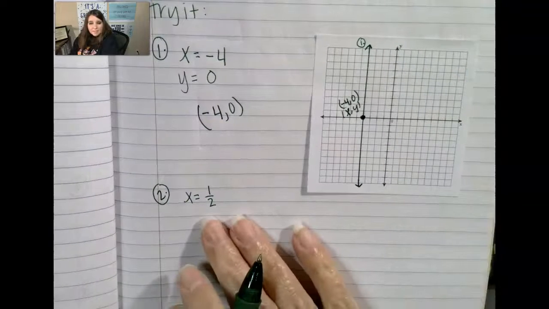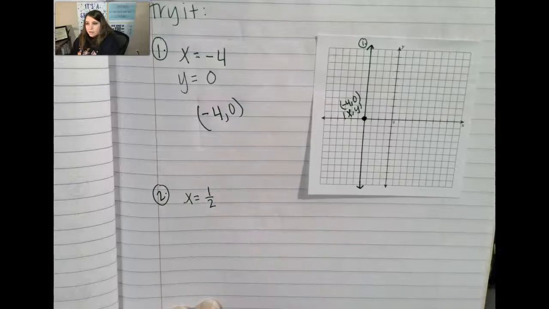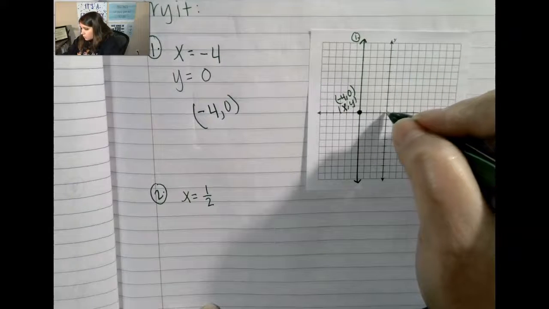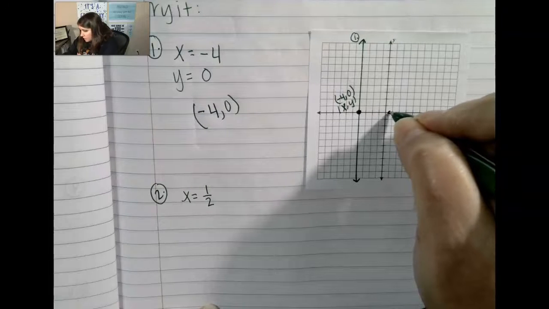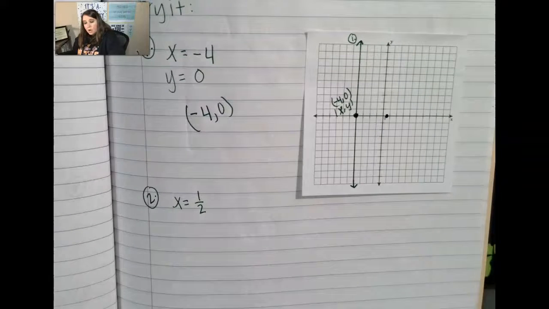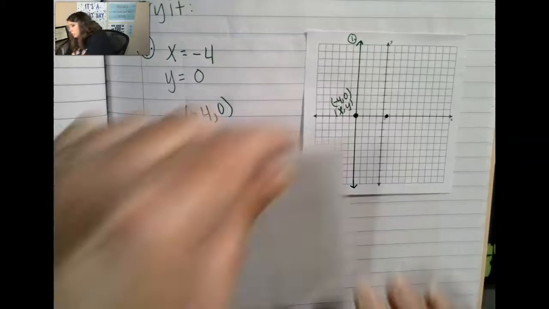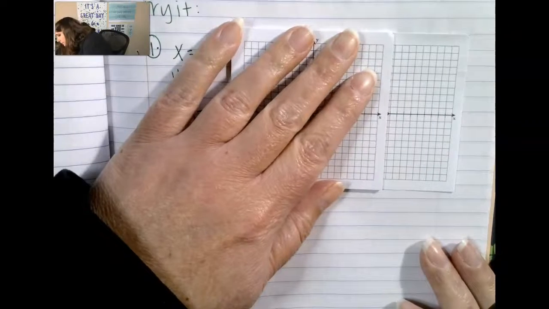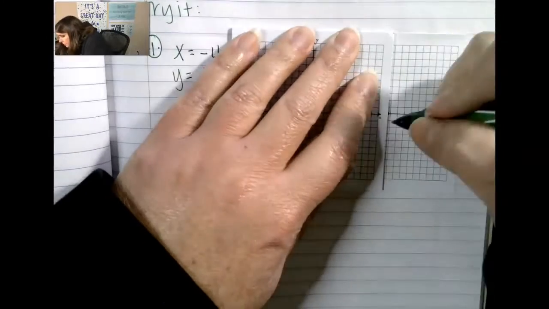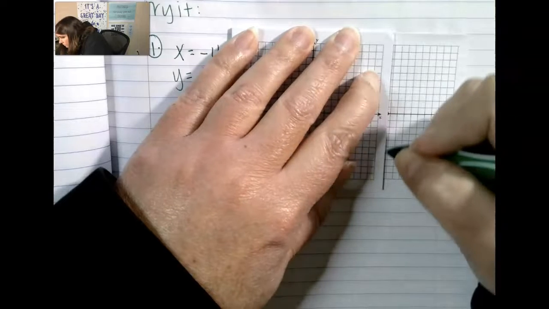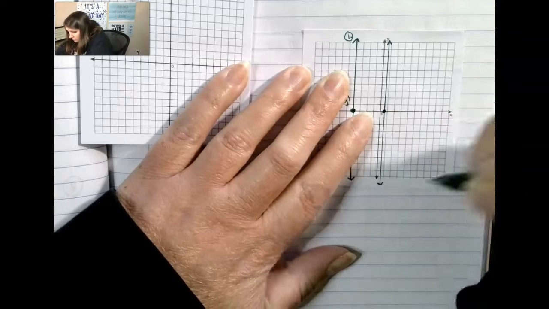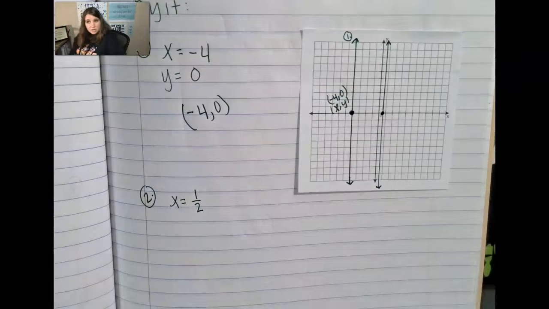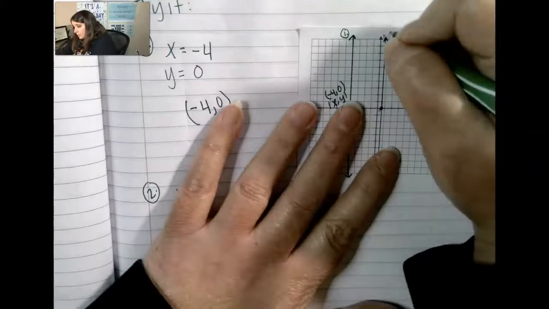All right, in this one, x is 1/2. So we're going to start at 0 and go to 1/2. There's 1. 1/2 is in between. And it's going to include all of those values that are in between. Because x never changes, your line will always be straight up and down.